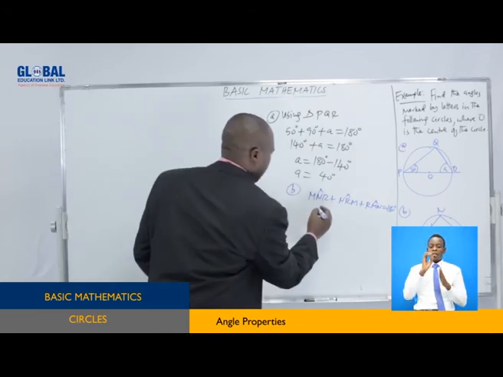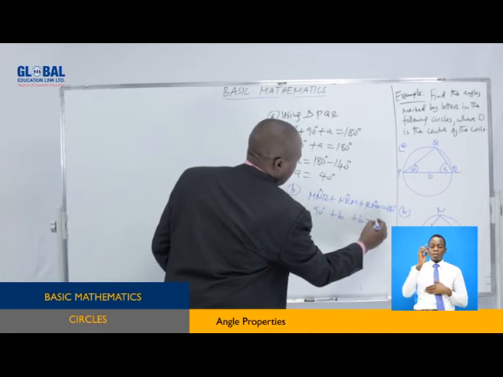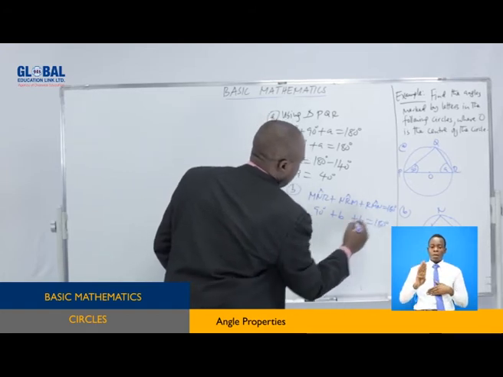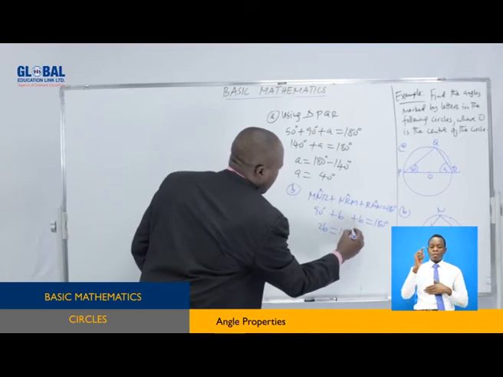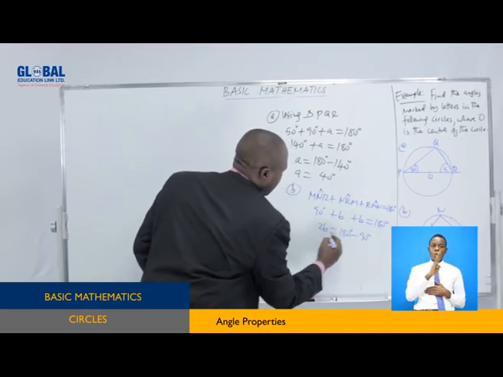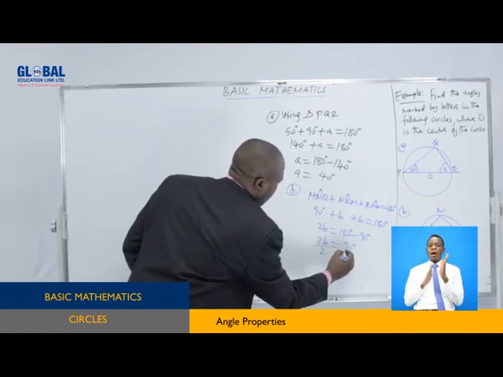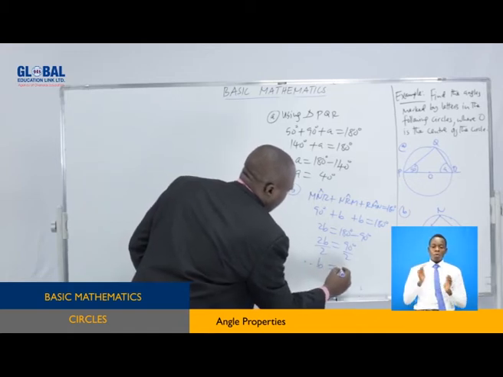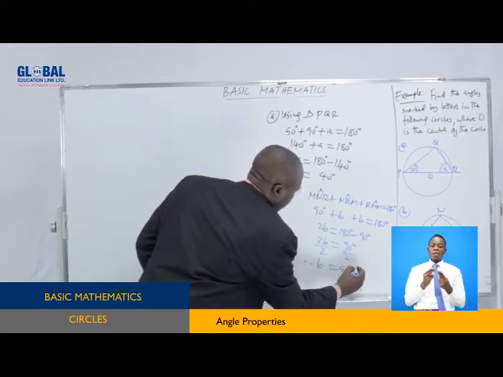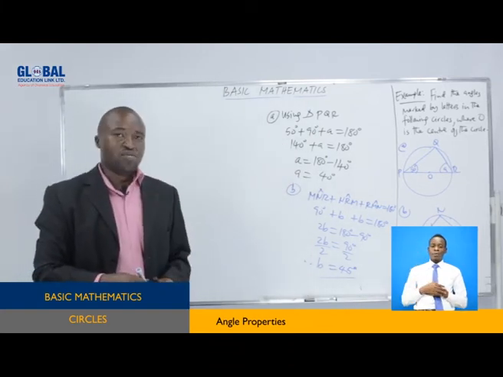So in this case, we have 90 degrees, then plus B, again plus B is equal to 180 degrees. So 2B is equal to 180 minus 90 degrees. So 2B is equal to 90 degrees, divided by 2 from both sides. So in this case, B is equal to 45 degrees. So again, I hope we are together.